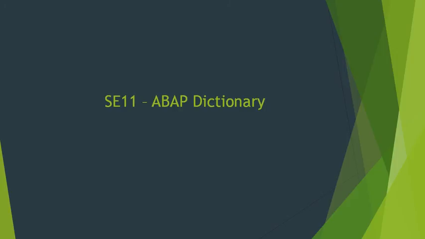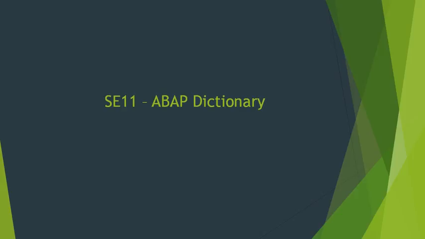Few people ask, what is SE11 then? Because SE16N gives all the table descriptions, everything about the table, so why is SE11 there? SE11 and SE16N are both different things. SE11 is used by ABAPers, ABAP consultants.